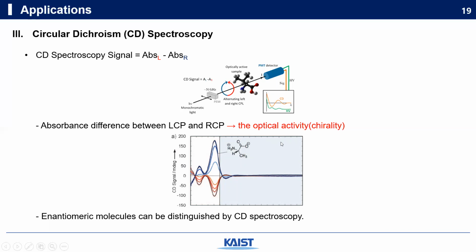Just like the typical UV-vis, since there are absorption peak data for well-known enantiomeric molecules, we can distinguish these molecules by CD spectroscopy. As shown in the bottom figure, by comparing the obtained CD pattern, we can distinguish chemical species and their handedness.